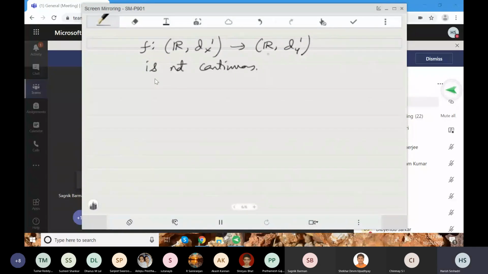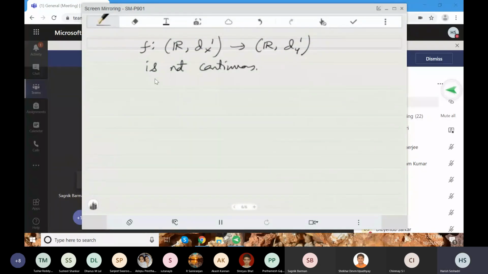The inverse image of a singleton would be just a single point in the domain, and that is certainly not open with respect to the absolute value metric. So this simple example shows that one has to be careful about this notion of continuity when we change metrics.